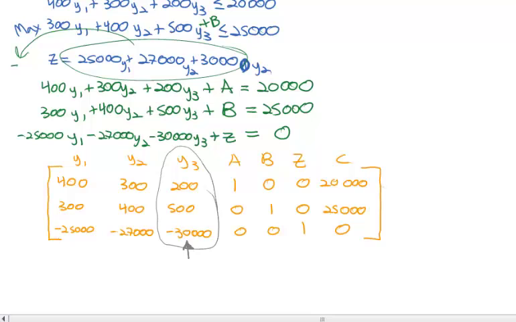We need to find our rows, so we're going to divide the first row by 200. 20,000 divided by 200 is 100. 25,000 divided by 500 is 50.